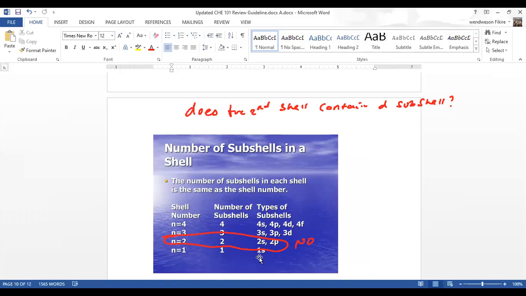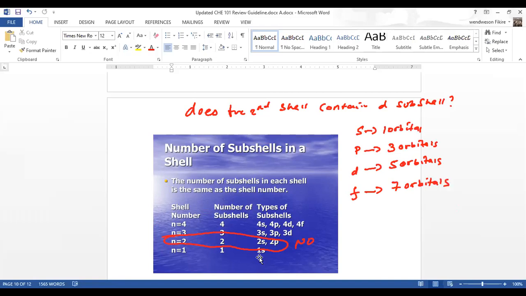Now, the S, the P, the D, and the F, these are the orbitals. S has one orbital, P has 3 orbitals, D has 5 orbitals, and F has 7 orbitals.